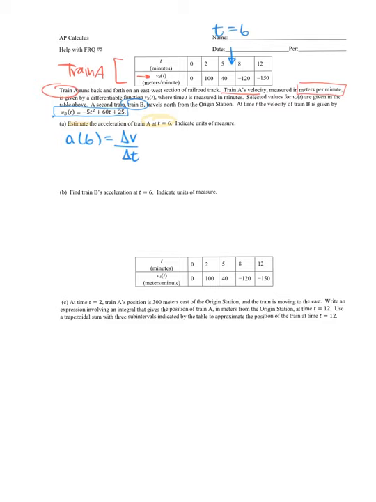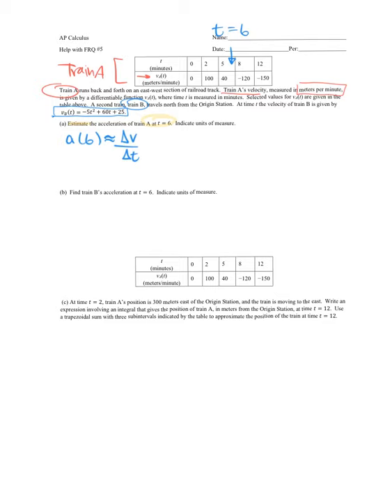Acceleration is, and I'm estimating, so a couple wiggles there. So I need to find the change of velocity over the change in time. So I just need to subtract, right?